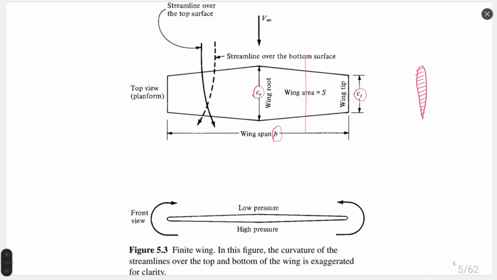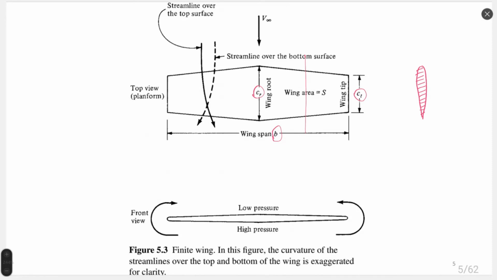But in most cases, we will find that at the tip, the chord size of the airfoil is smaller than at the root. Because it's a three-dimensional structure, it has these wing tips, and it also has flow around the wing tip.